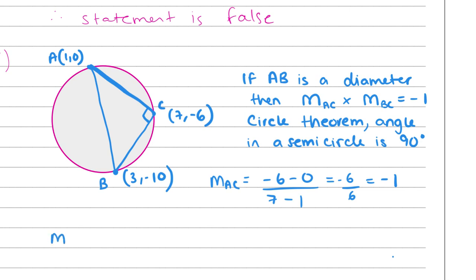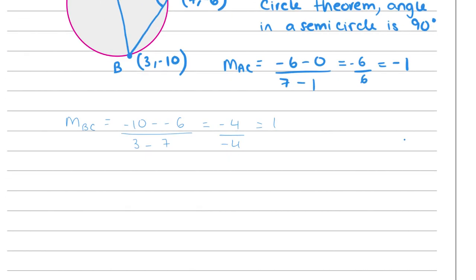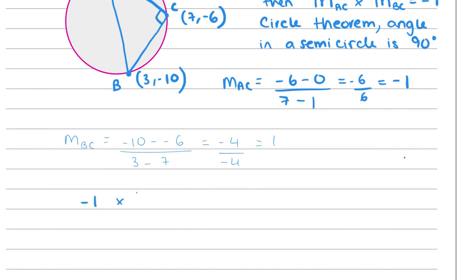Then we have the gradient of BC, which is minus 10 minus 6 over 3 minus 7, which is negative 16 over negative 4, which is 4. So then we know that minus 1 times 1 equals negative 1.